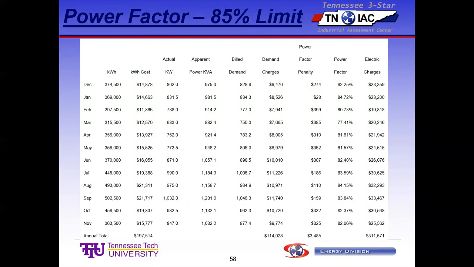Okay. And so you can see the demand charges. This is the dollar amount. This is the power factor over here. You see all of these are below 85%, and so that generates a penalty in every month for them. Their penalty, they were paying about $3,500 a year.